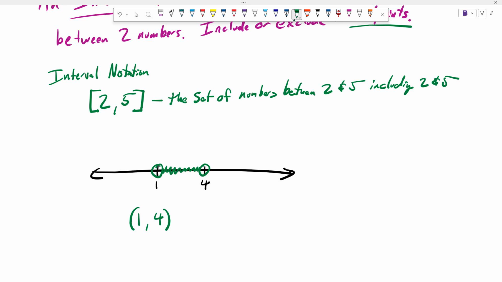So this is all numbers, or the set of numbers between 1 and 4, not including 1 and 4, or excluding 1 and 4.